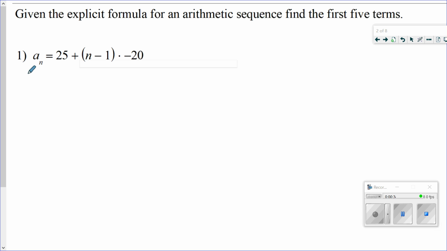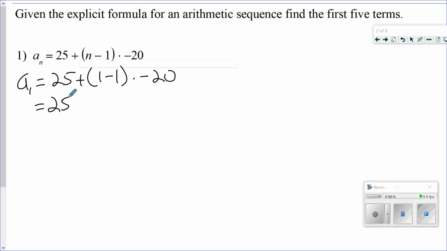So we'll have a sub 1 is equal to 25 plus 1 minus 1 times negative 20. Once we do that, we'll have 25 plus 0 times negative 20.